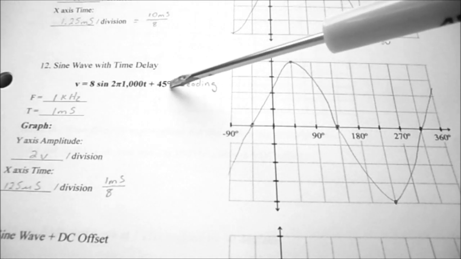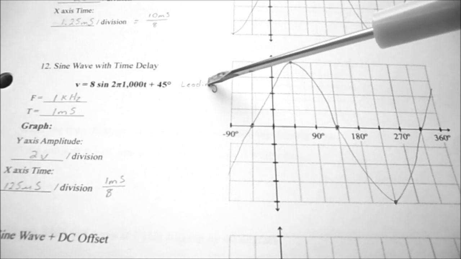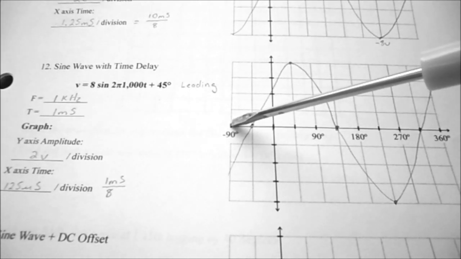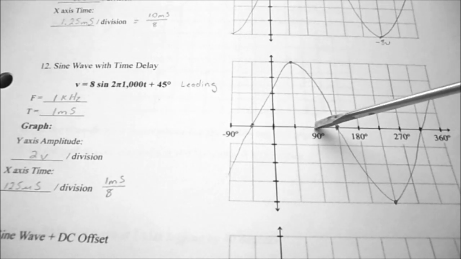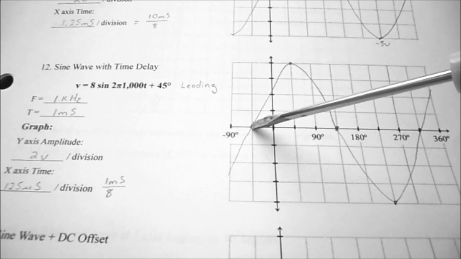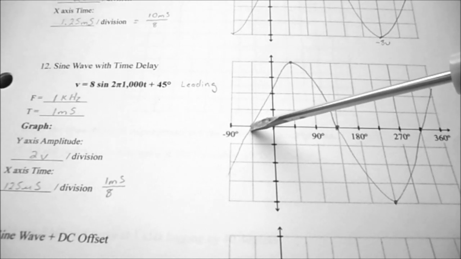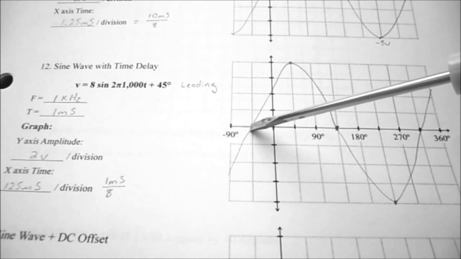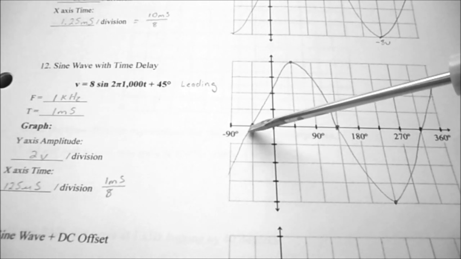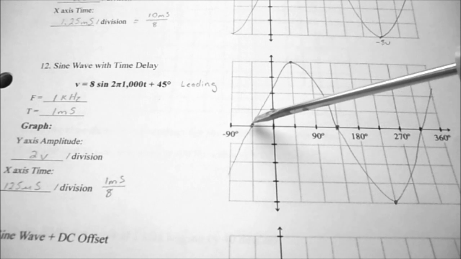Now we know it's going to be plus 45 degrees leading. So 2 divisions is 90 degrees on either side, so we need to push it back to the left 1 division, and that represents a starting point of 45 degrees leading. So that will be our new zero crossing point.